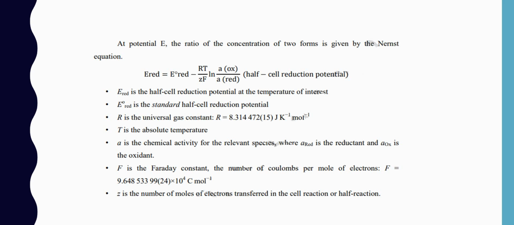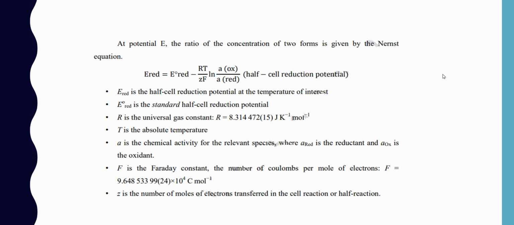This is the Nernst equation that you have studied in your 10+2 chemistry. The Nernst equation is given here, and what each term stands for is mentioned here. You can read it out.